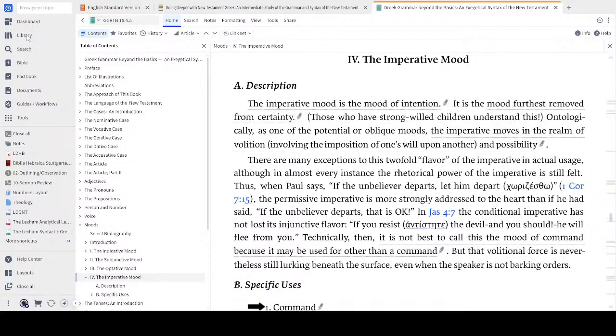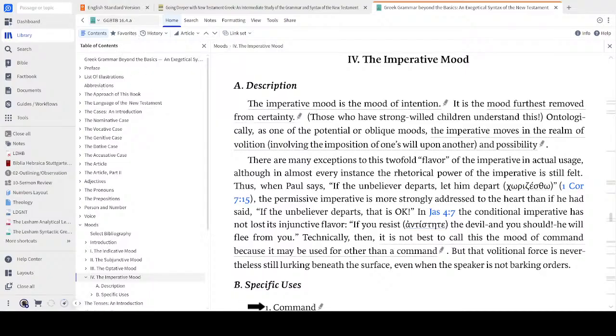Then I'm going to pull up Mounce's, because Mounce gives us some basic information, but his grammar is not meant to get into the nitty-gritty, because every resource has a unique purpose.